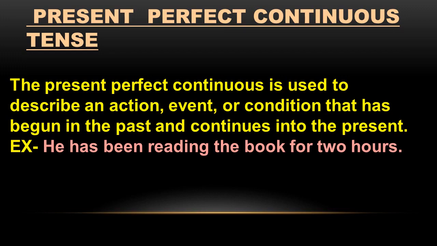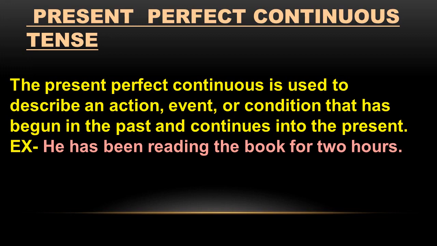The present perfect continuous is used to describe an action, event or condition that has begun in the past and continues into the present. For example, he has been reading the book for 2 hours.